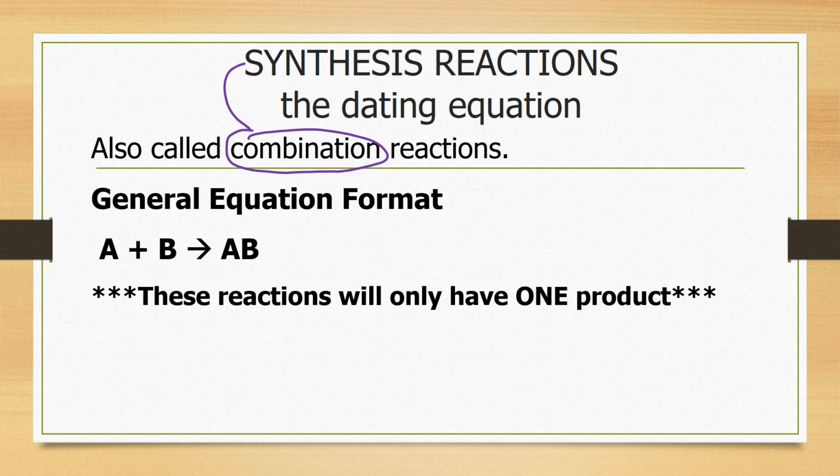If we put this in terms of two students, we have student A and student B. For whatever reason, maybe they're studying together, maybe they're just spending a lot of time together. Over time, they form an attraction for each other. And then eventually, they become inseparable and they become a compound. They become a couple. All right.